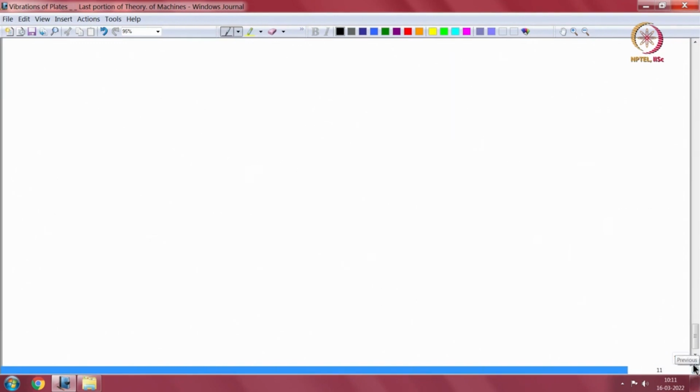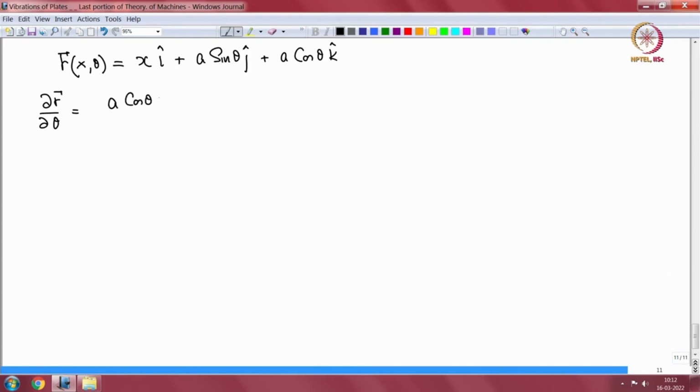Next, del R del theta, so I need to remind myself the form of R, a sine theta j plus a cos theta k. So del R del theta is given by a cos theta j minus a sine theta k.